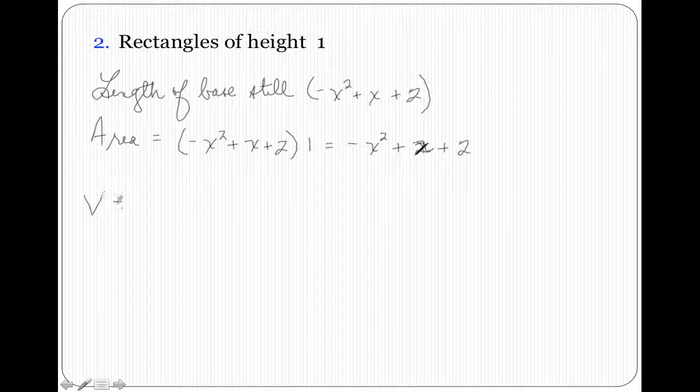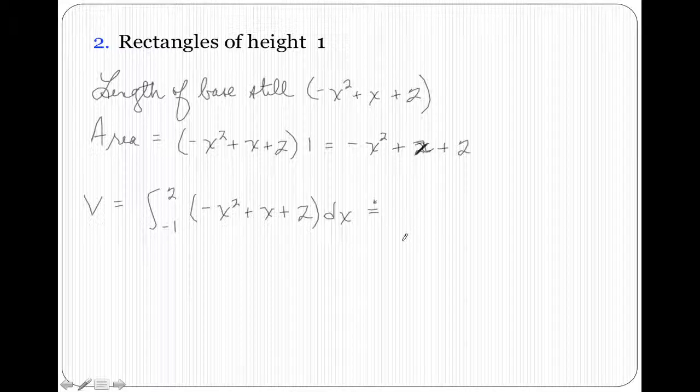So the volume, integral from -1 to 2 of that specific area. All right, feel free to pause to try that on your calculator.